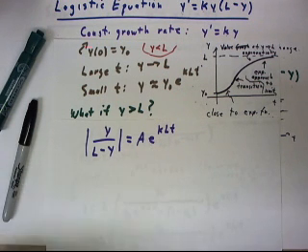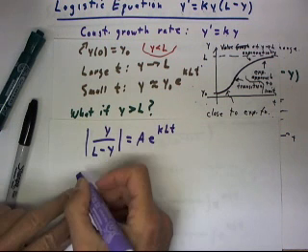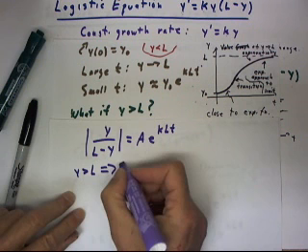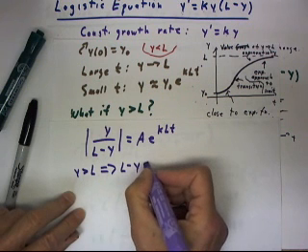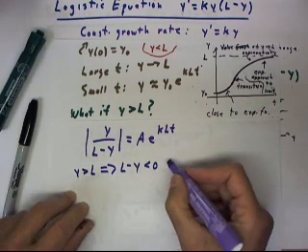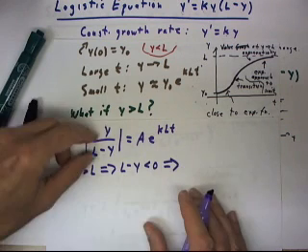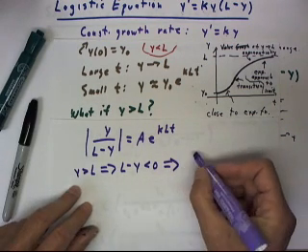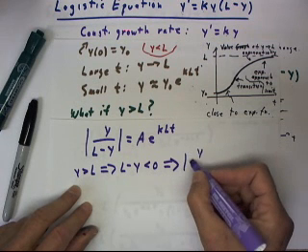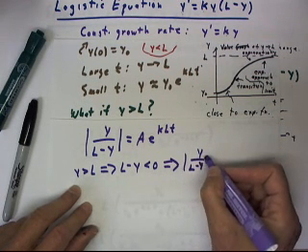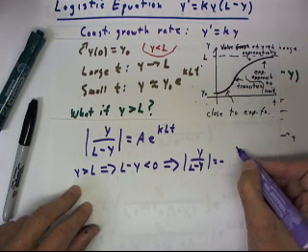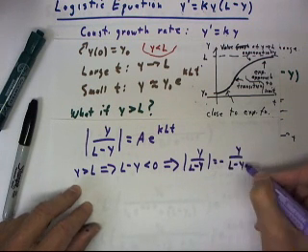Now, if y is greater than L, that implies that L minus y is negative, which implies that this entire expression is negative, so that the absolute value of y over L minus y is equal to the negative of y over L minus y.